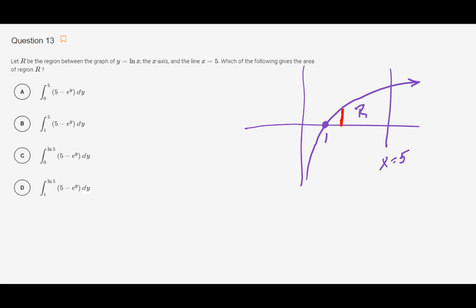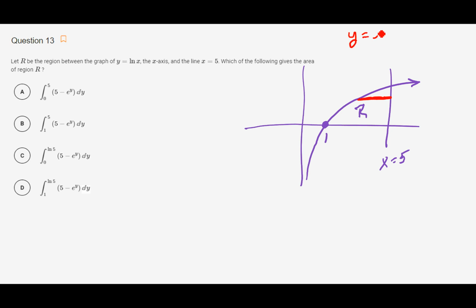Well, my answer choices have all been written in terms of y. So if I were to do it, I would have done vertical rectangles, but they're not even giving me that as an option. They're saying you have to use horizontal rectangles. We're making you do it in terms of y.